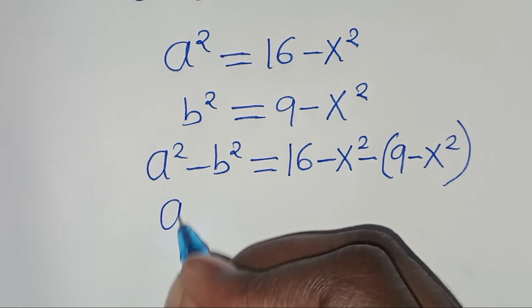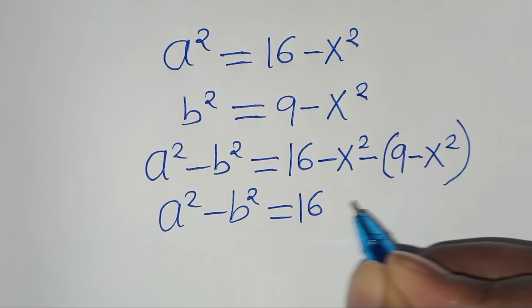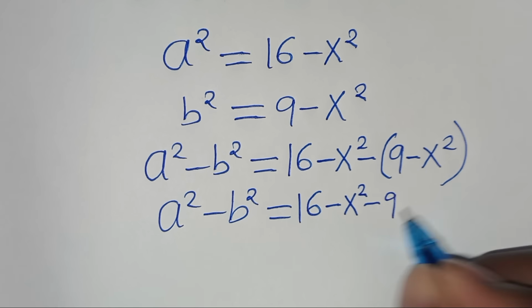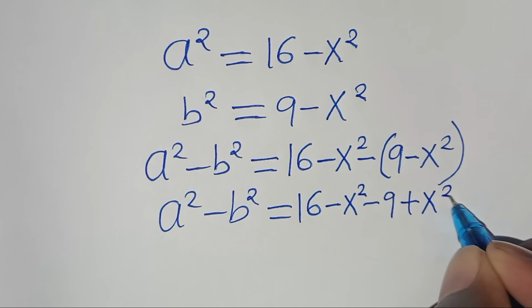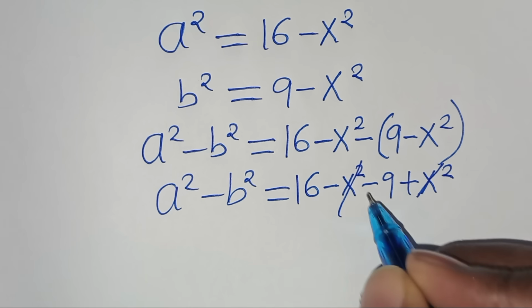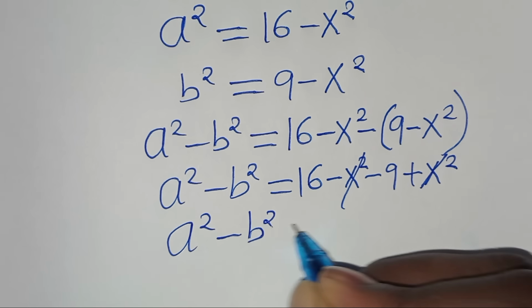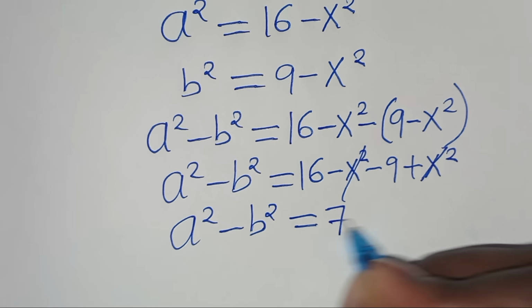So we have a squared minus b squared equal to 16 minus x to the power of 2 minus 9, and minus times minus x squared is plus x to the power of 2. So minus x squared plus x squared simplifies, and we have a squared minus b squared equal to 16 minus 9, and this is equal to 7.